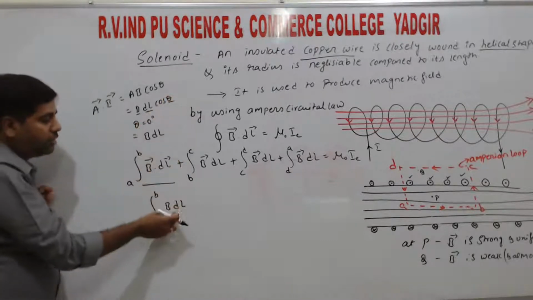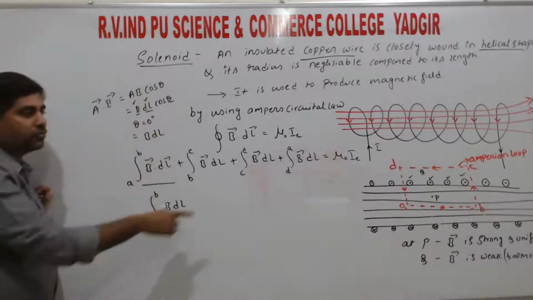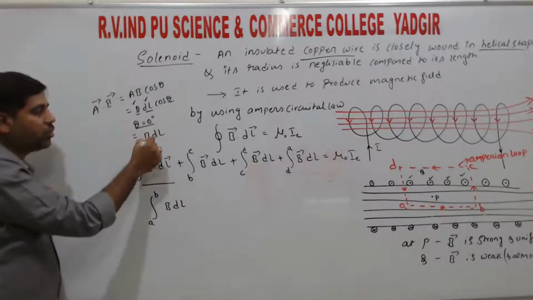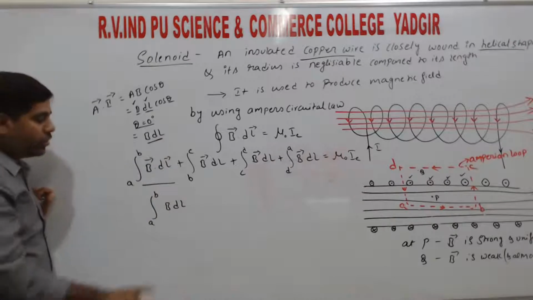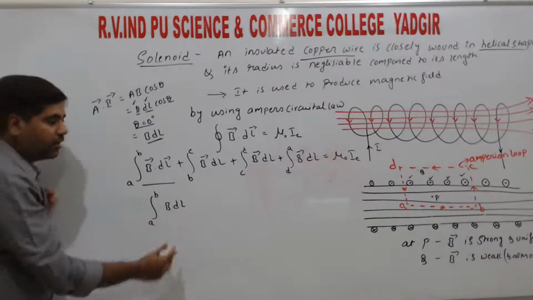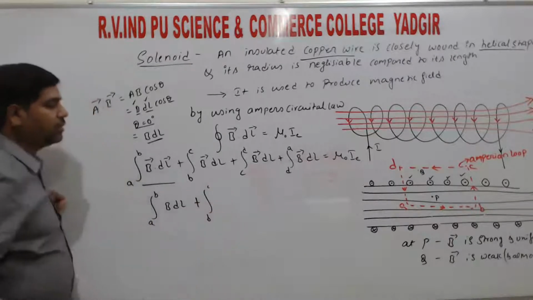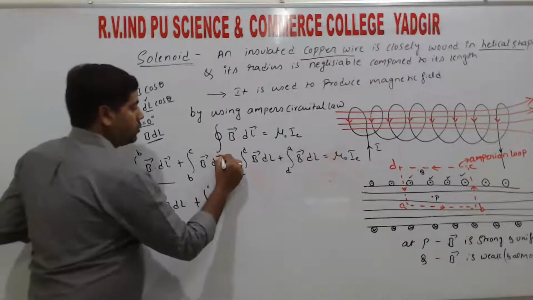Since both are parallel, theta is 0, so we get only the magnitude B into dl. We need to integrate dl from B to C, right? Now the cases.